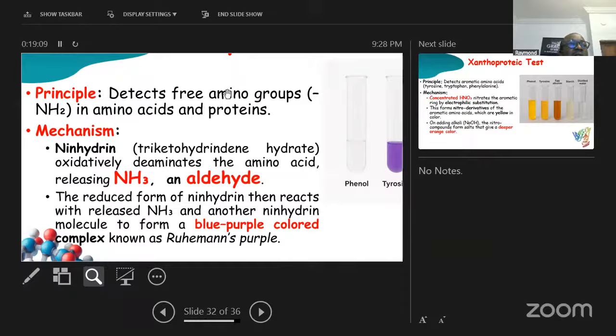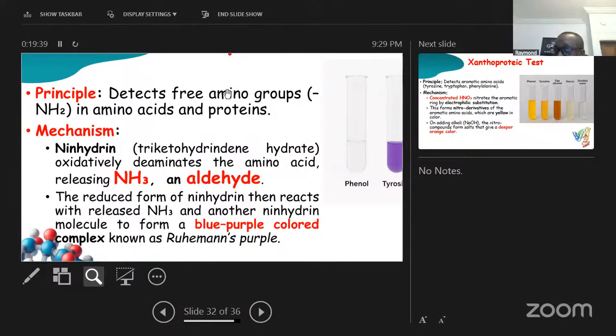Now, the Ninhydrin, which is triketohydrindene hydrate, oxidatively deaminates the amino acid, releasing NH3 and an aldehyde. The reduced form of Ninhydrin then reacts with the released ammonia and another Ninhydrin molecule to form a blue-purple colored complex known as what?